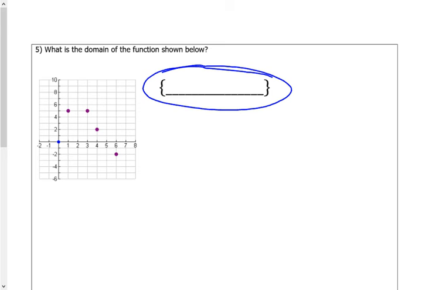So on this points, the x value is 0, 1, 3, 4, 6. There's your domain.